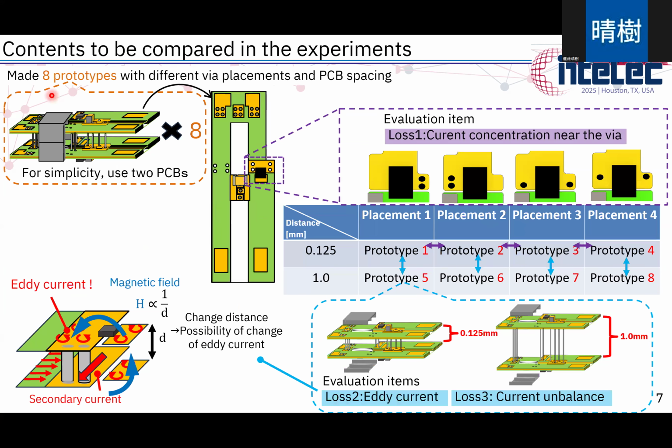Before the experiments, I'll talk about the contents to be compared. We made 8 prototypes with different via placement and PCB spacing. First, we produced prototype 1 to prototype 4 with different via placement and compared them to evaluate loss 1.